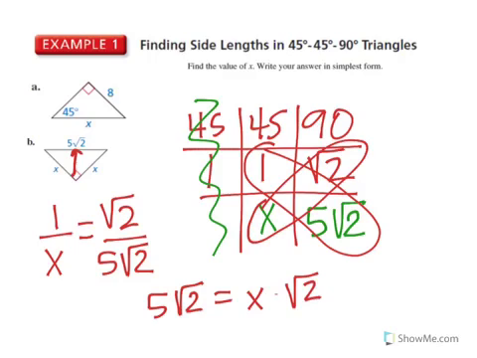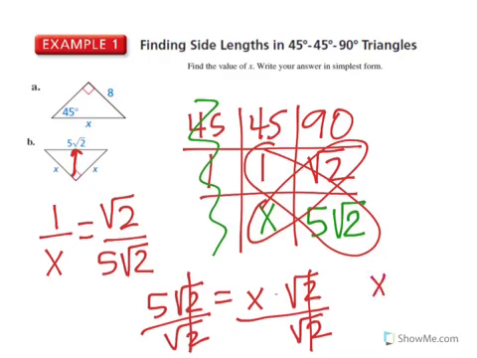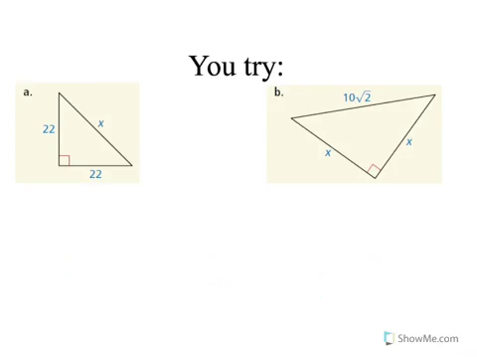Since we're going to solve for x, we divide by the square root of 2 on both sides. That gets rid of it there, and we can eliminate it there. So actually x would equal 5. So the leg lengths on both of those are 5. Okay, here's some for you to try.